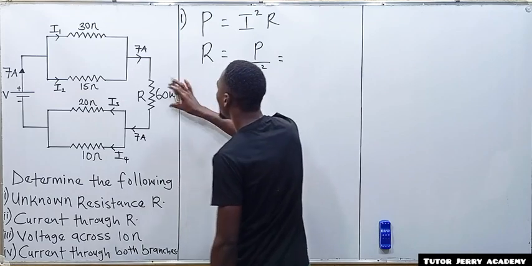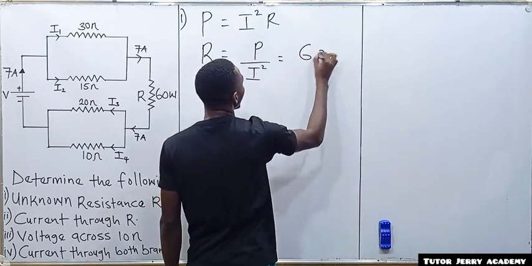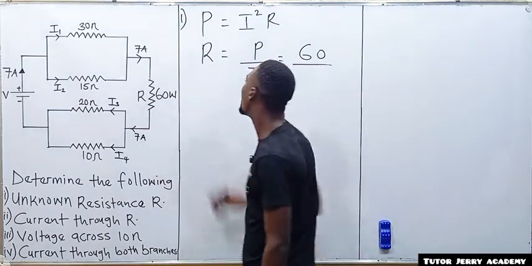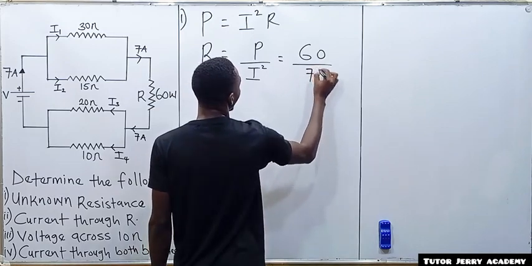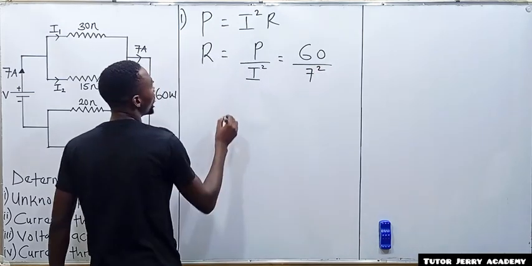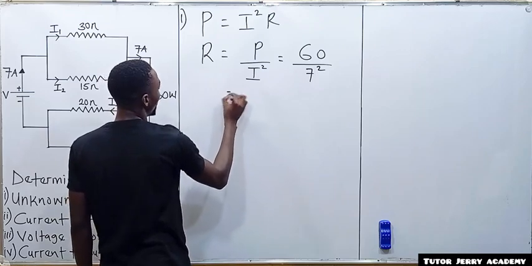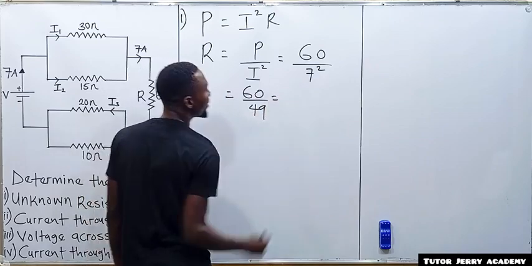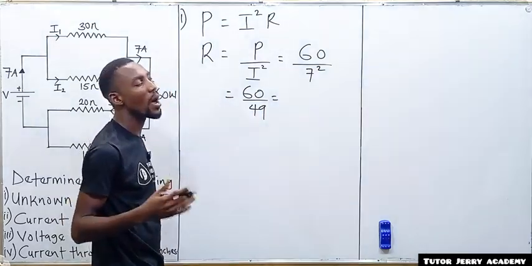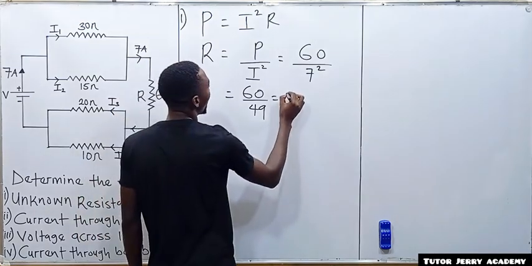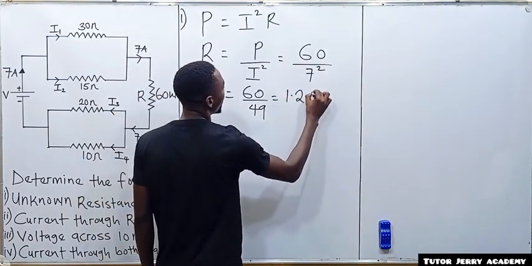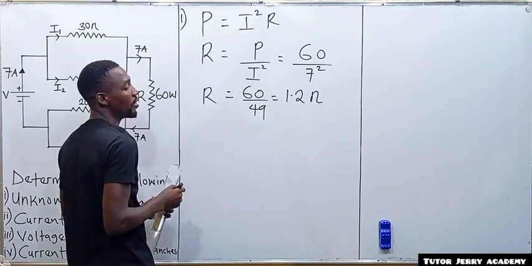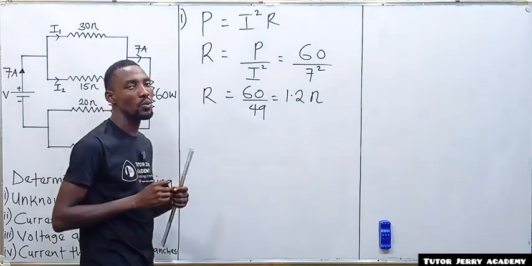Let's substitute now. Power here is 60, and the current going through this R resistor is 7 ampere, so we have 60 divided by 7 squared, which is 60 divided by 49, and that gives us 1.2. So we have 1.2 ohms as our answer. So the first solution is 1.2 ohms.